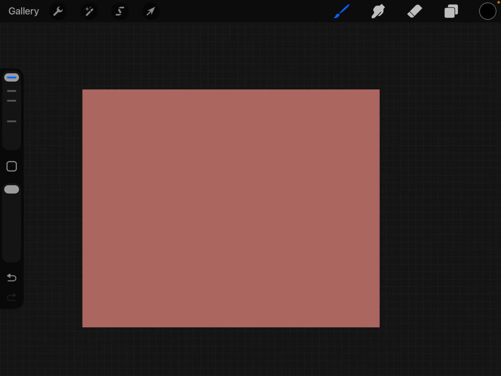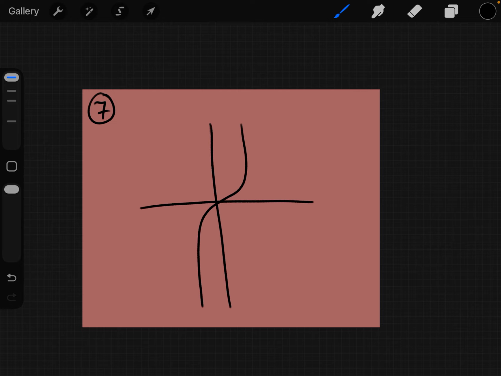So that was 6. It'll say something like, does this function have an inverse?